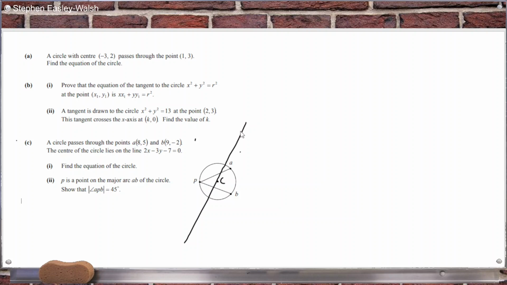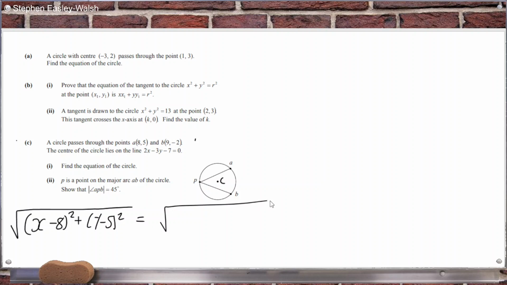So yeah, I just need to be somewhere on this line where the distance to A and B is the same. Okay, so first one, you get the square root of (x minus 8) squared plus (y minus 5) squared has to equal the square root of (x minus 9) squared plus (y plus 2) squared.